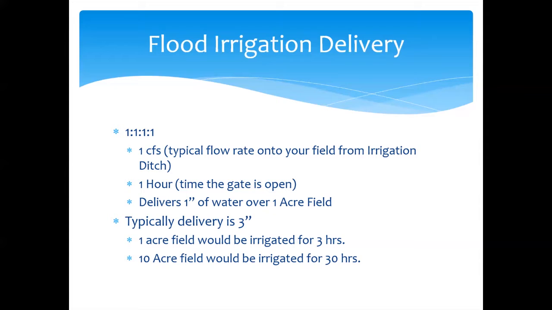Why do I only get 5 hours? It's because they figured it out based on giving you about 3 inches of water, based on an average evapotranspiration of about 0.3 inches a day in the middle of the summer and 70% efficiency.